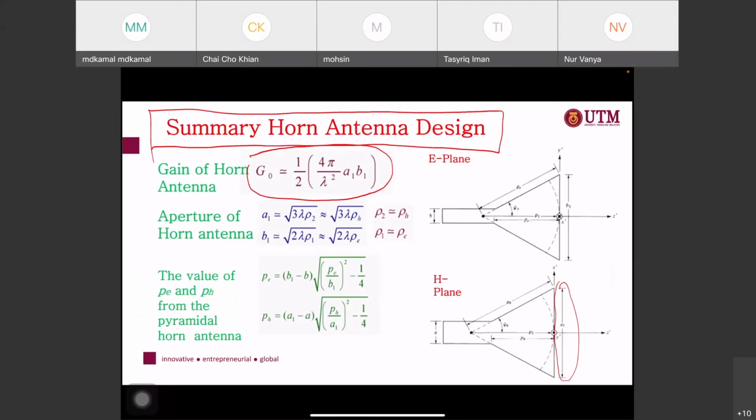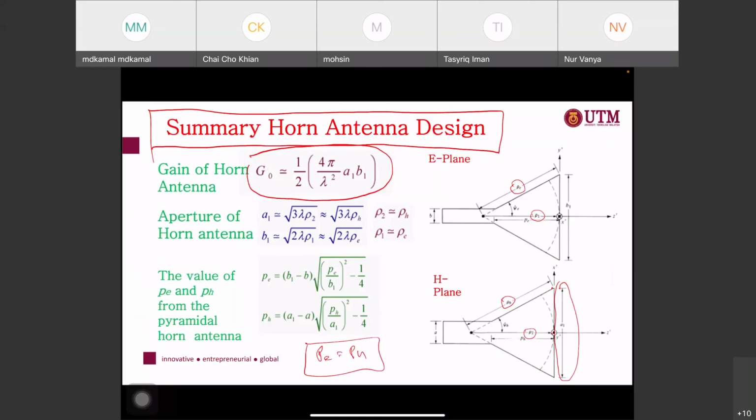So we assume rho 2 is rho h here, same here. So you have rho 2 is equal to rho h, rho 1 is equal to rho e, and you have to make sure that your PE is equal to PH for the pyramidal horn.